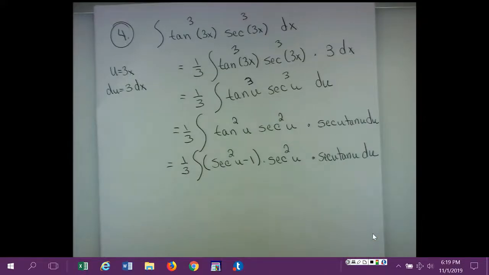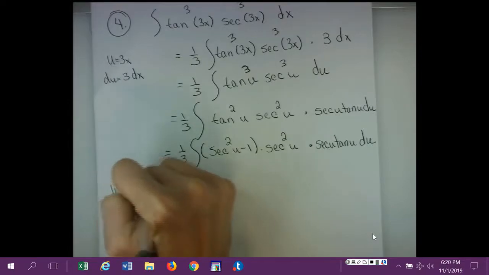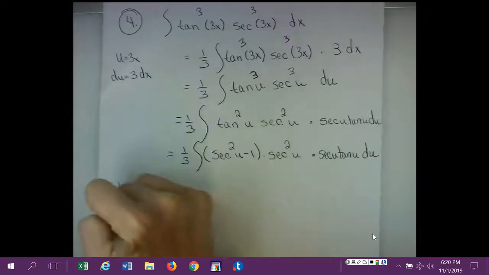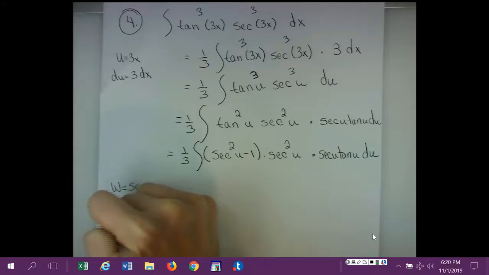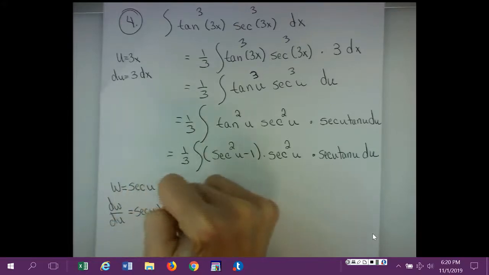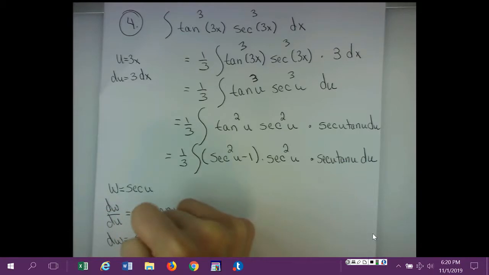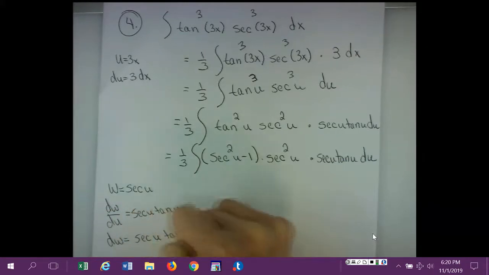Then it said do another round of u sub and let u be secant x, but we're going to let w be secant u. And the derivative dw du is secant u tangent u. So when you cross multiply, dw is secant u tangent u du.